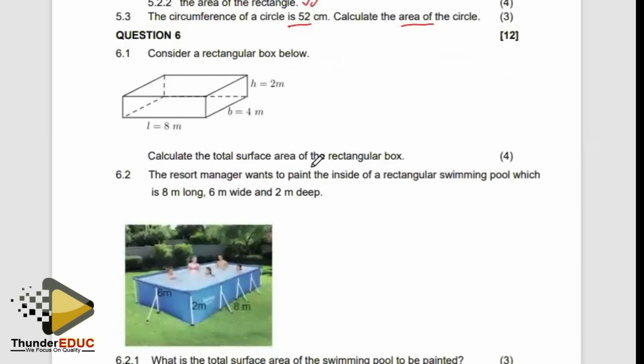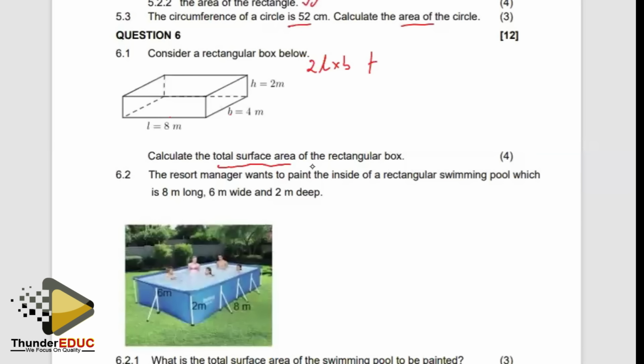Then question number 6, consider the rectangular box below. We have those measurements. The question wants us to get the total surface area. Now we have 6 faces, which means we must get the area of all the faces and add them together. The bottom is length times breadth, and it is the same as the top, so I'll put a 2 there.